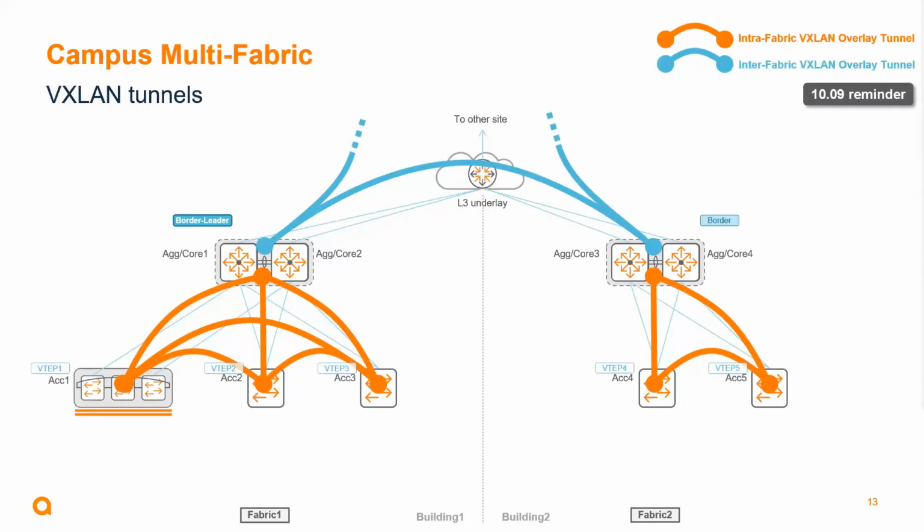What we do want is for those orange VXLAN tunnels inside the fabric to be limited to the fabric. And we have the blue tunnels between fabrics to serve as an overlay tunnel for the overlay traffic. You have another site upstream here as an example.